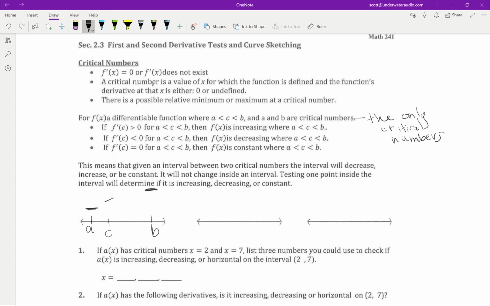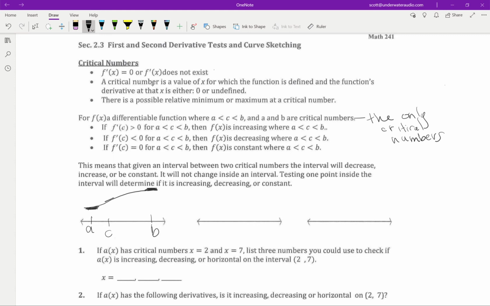So basically, if you've got a horizontal slope here and a horizontal slope here, they're critical points, and somewhere on that interval there's a positive slope, then it has to be positive the whole time. So if you can find an example in between a and b where it's increasing, then it's increasing on that whole interval.